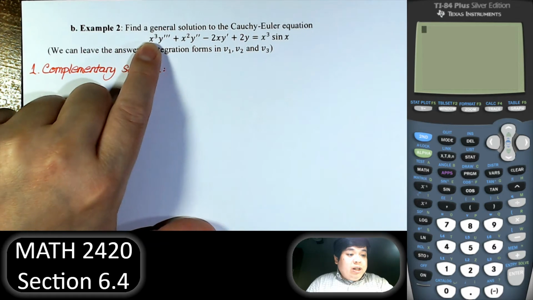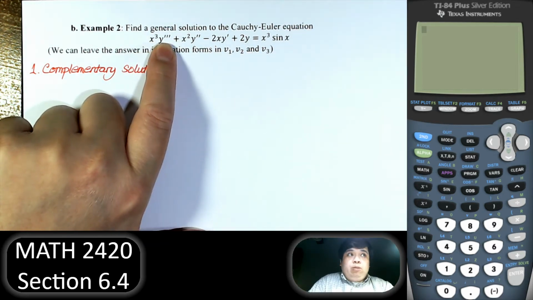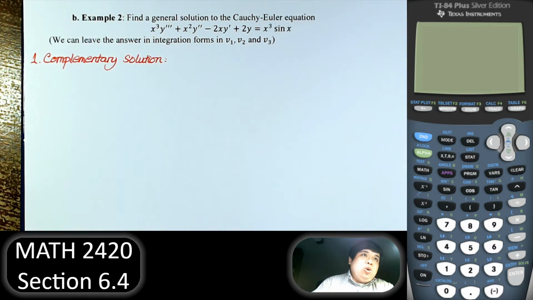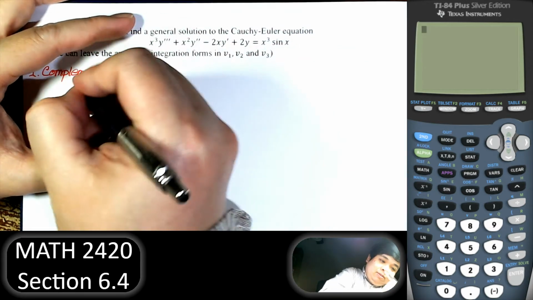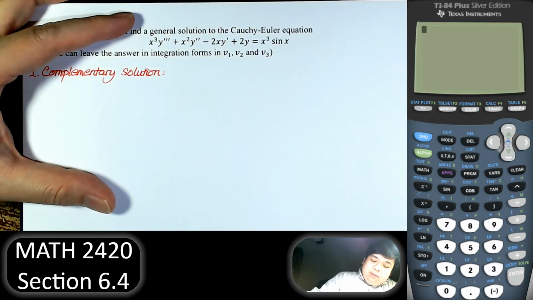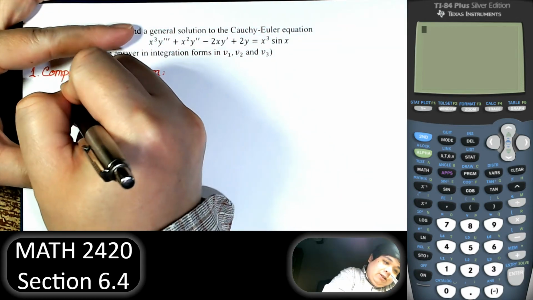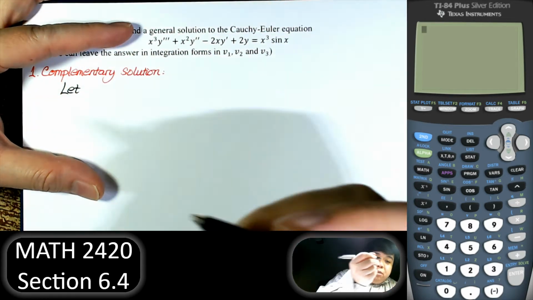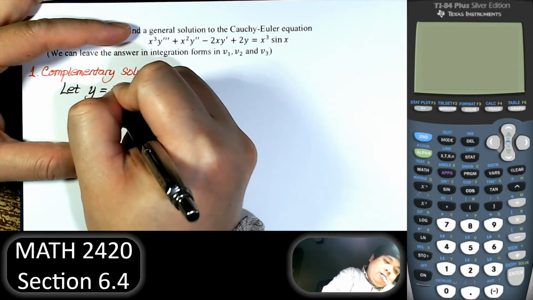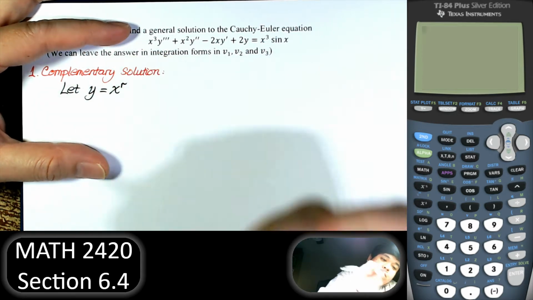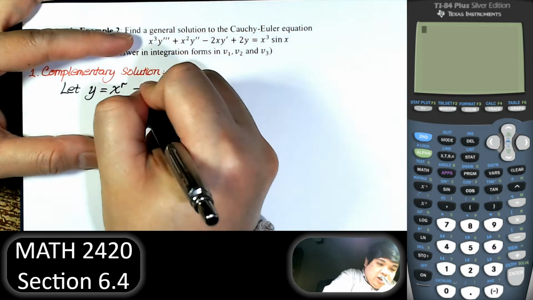We have the degrees of x is the same as the order of derivative. So it's not an auxiliary equation right away. First we'll let the solution be of the form x to the r. Right, so we can take derivative.